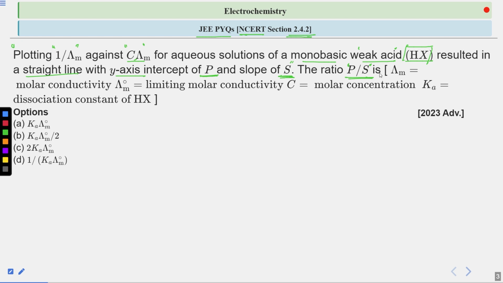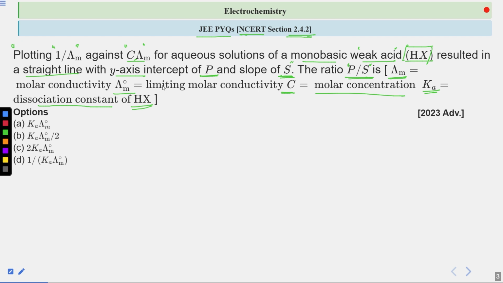Some quantities are already mentioned: lambda m is molar conductivity, lambda m naught is limiting molar conductivity, C is molar concentration, and Ka represents the dissociation constant of HX. Ka and lambda m naught are also mentioned in the question.